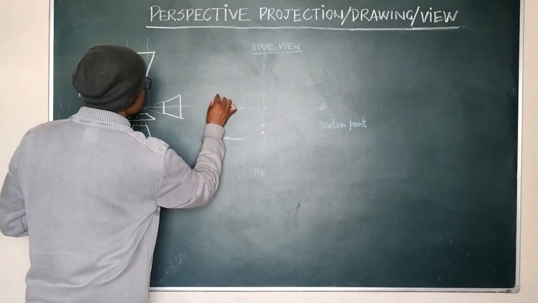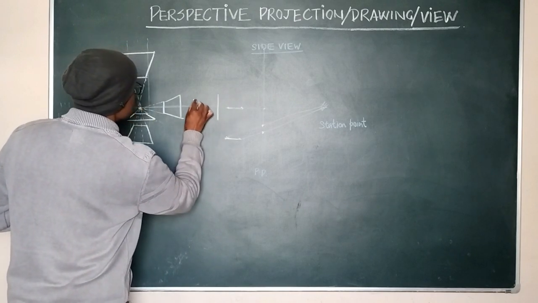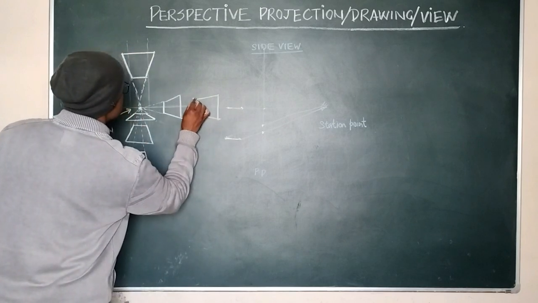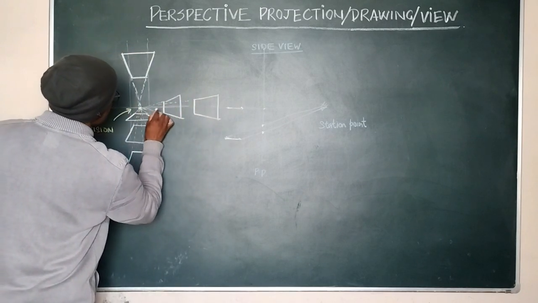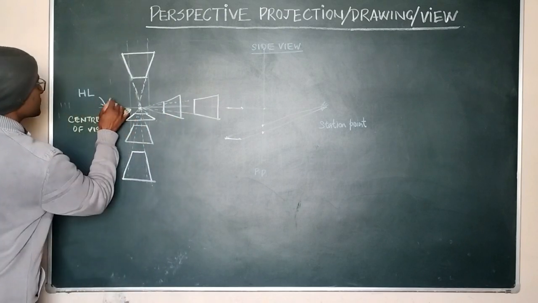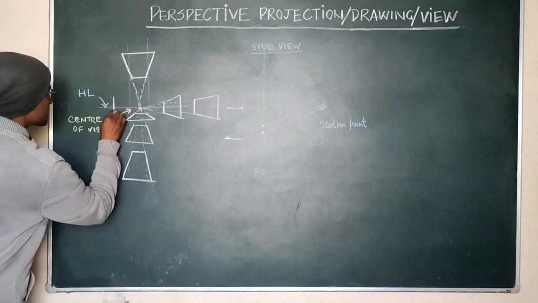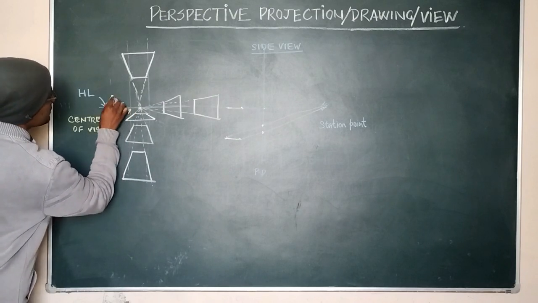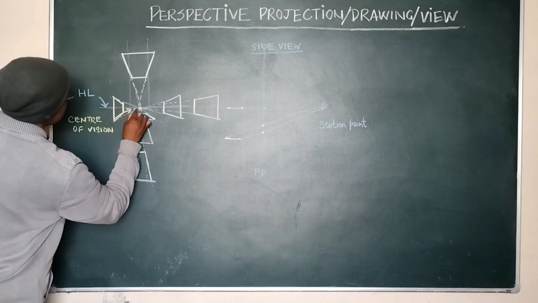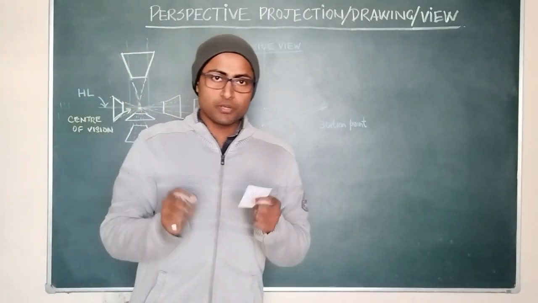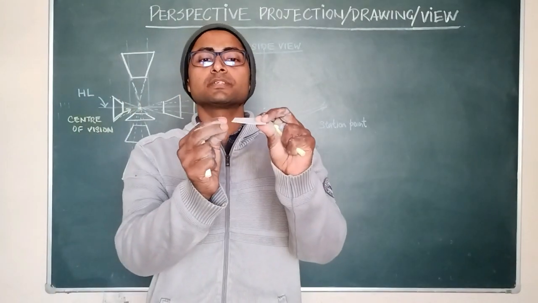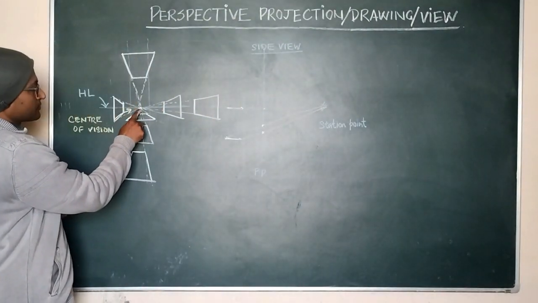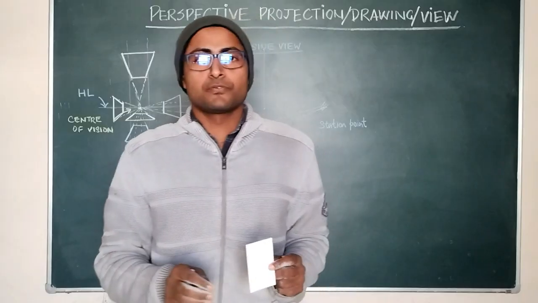If I move away, here also these lines are merging at the center of vision. Now we have a clear understanding. If the lines are perpendicular to the picture plane, all lines are going to merge at the center of vision in the perspective view.